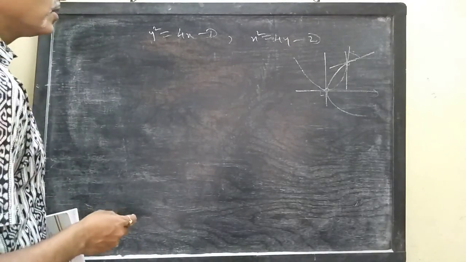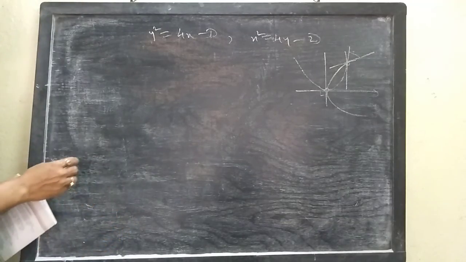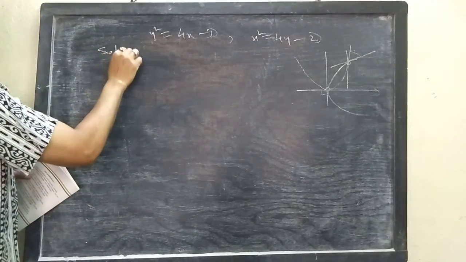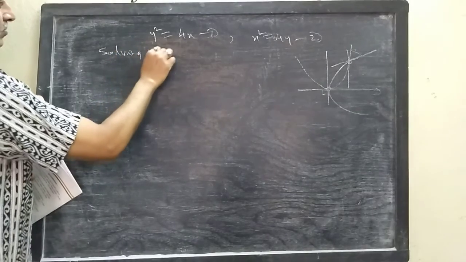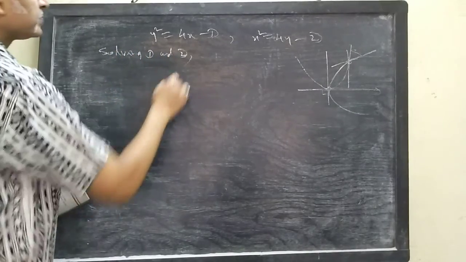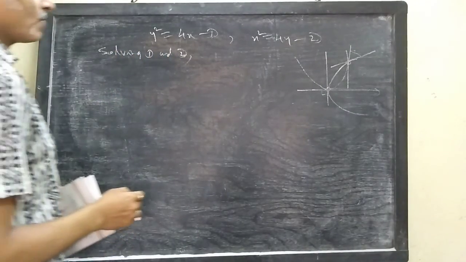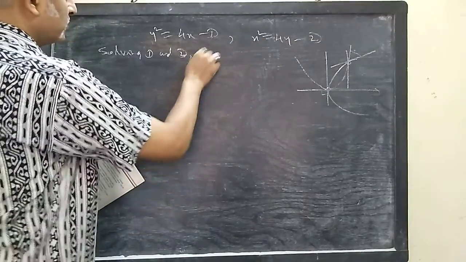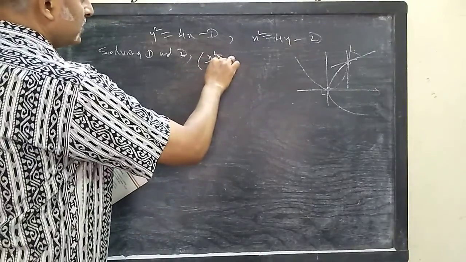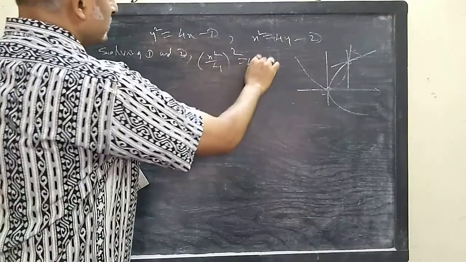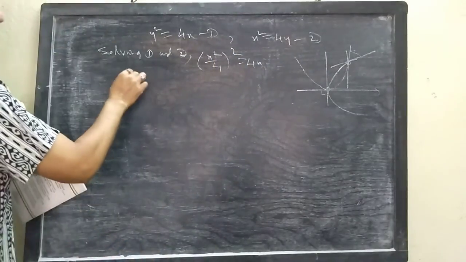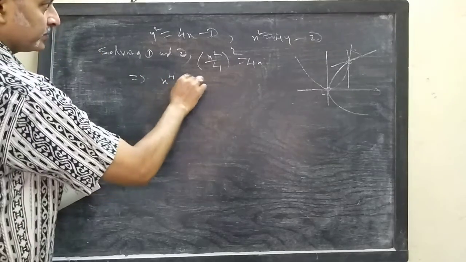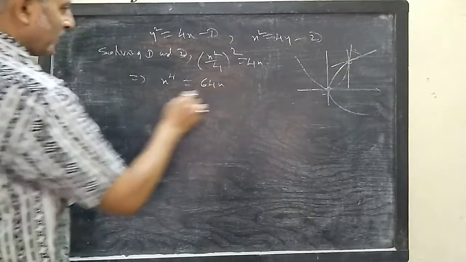Now let us solve for their point of intersection. So solving 1 and 2. Instead of y, I am writing x square by 4. So this becomes x square by 4 whole square equals 4x. That implies x to the power 4 equals 64x.